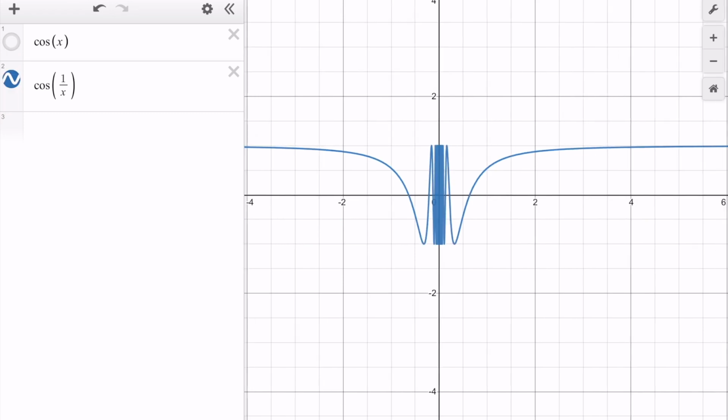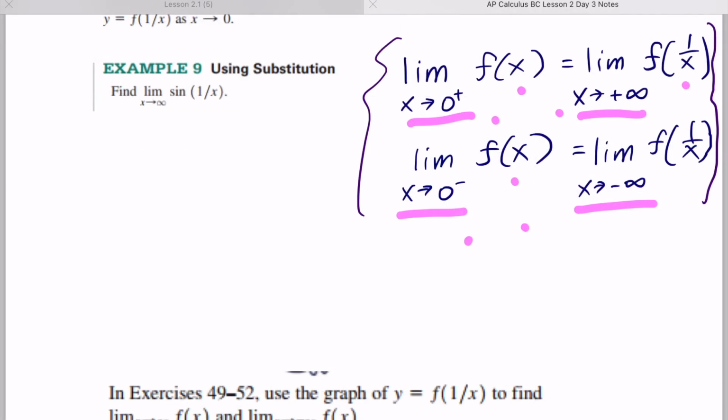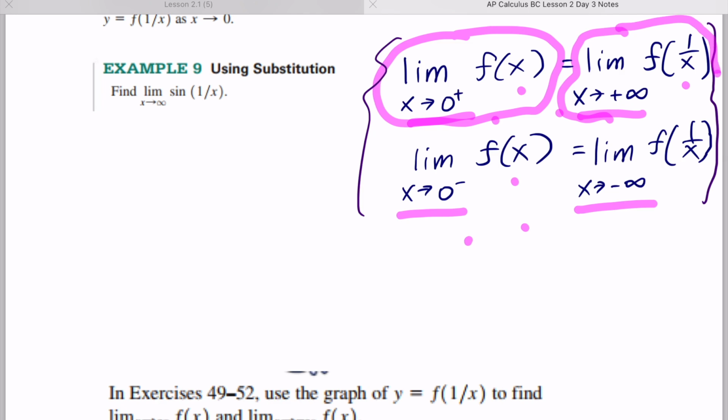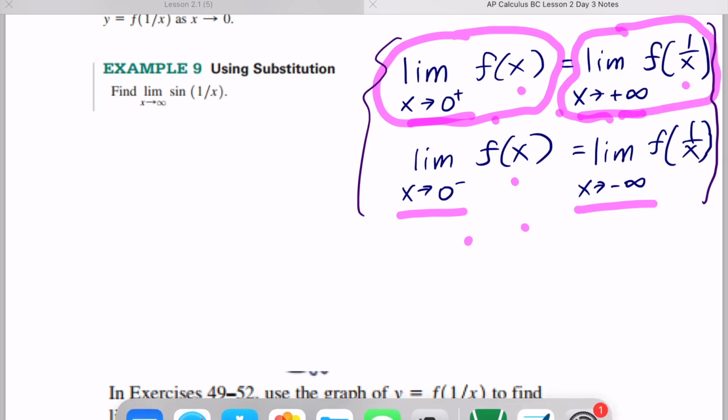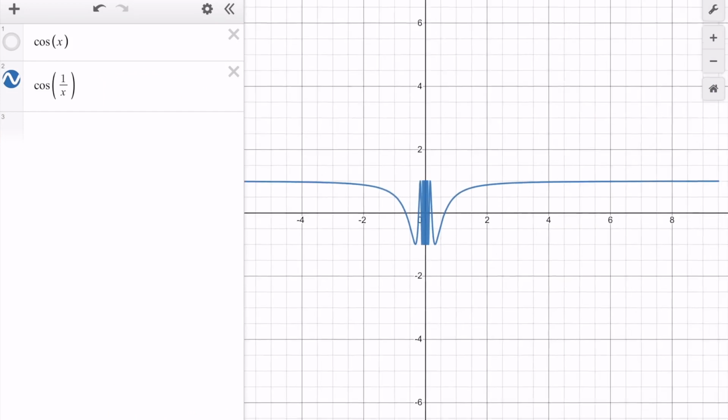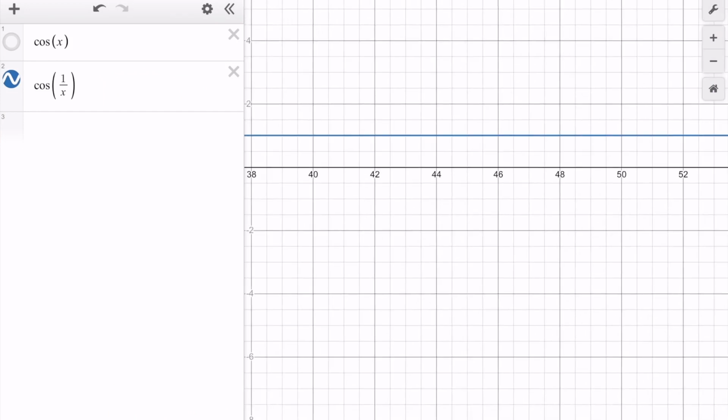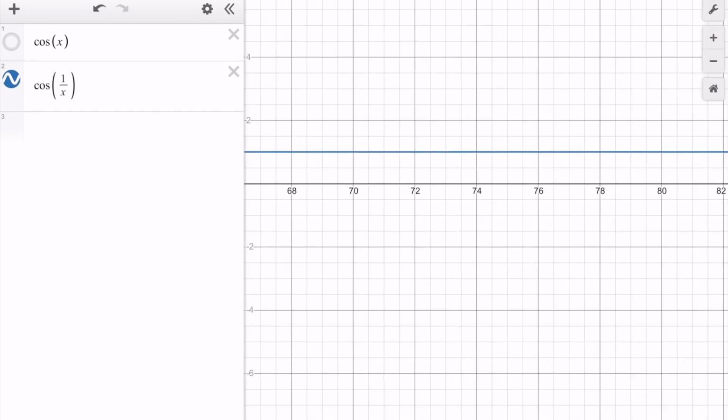This time, go back to your equivalency statements right there. The limit of f of x as x approaches 0 from the right side, according to this statement, is equivalent to the limit of f of the reciprocal of x as x approaches positive infinity. So is that the case as you look at this graph? As you approach positive infinity, it looks like there's not going to be any change.